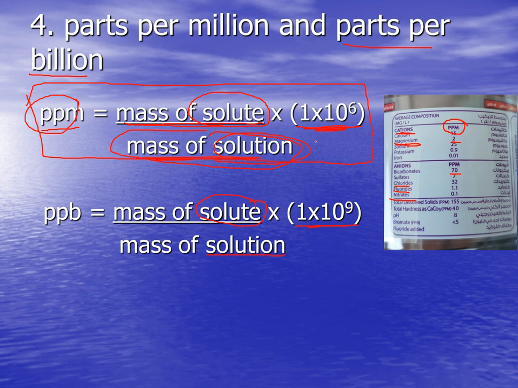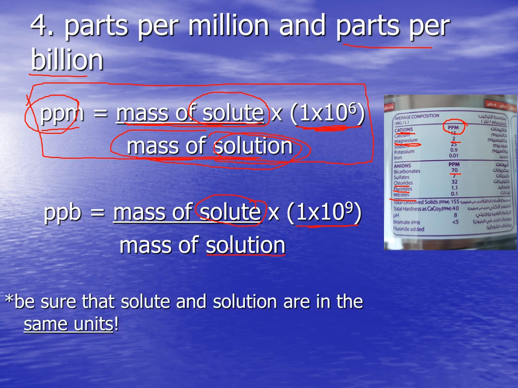Just like any other equation, you can easily rearrange it through algebra. Now, the one thing with these is make sure that both your solute and your solution are in the same units. So if one's in grams and the other one's in kilograms, or one's in micrograms and the other one's in milligrams, they have to be converted to the same unit before you can use this equation or the parts per million equation.